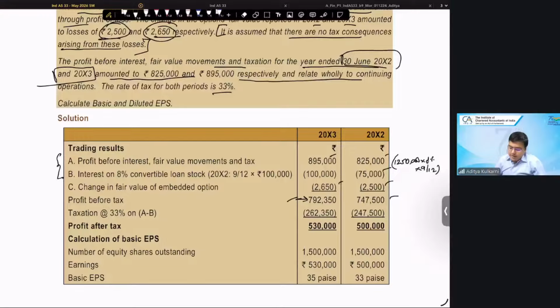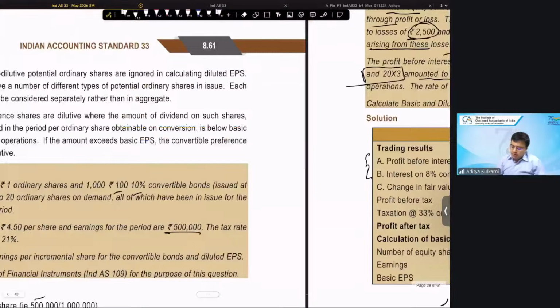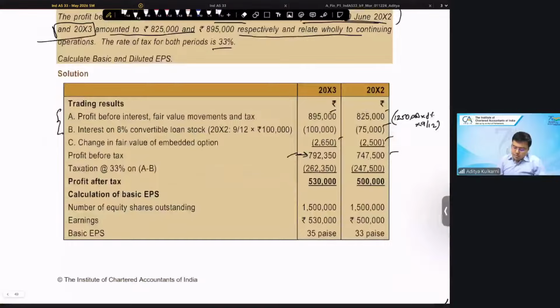And 8,25,000 minus 75,000, so that comes to, I think, 7,50,000 into 33%, which is 2,47,500. So your profit after tax will be 5,30,000 and here it will be 5 lakhs. Are we okay with this? Yes, sir.